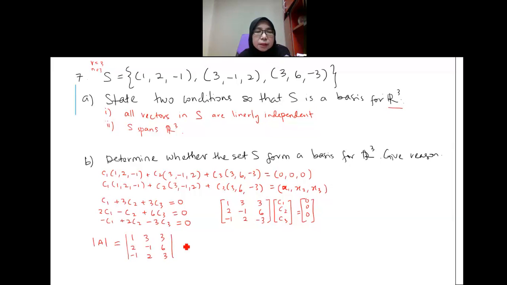Then add two more columns, column 1 and column 2. The formula for Sarrus' is bottom minus top. So here the answer is 3, negative 18, and then plus 12.